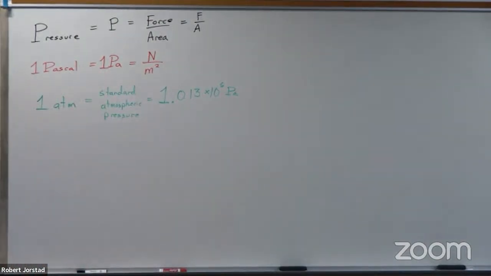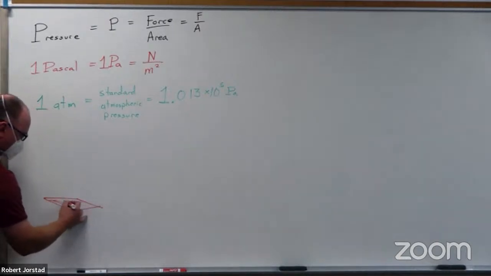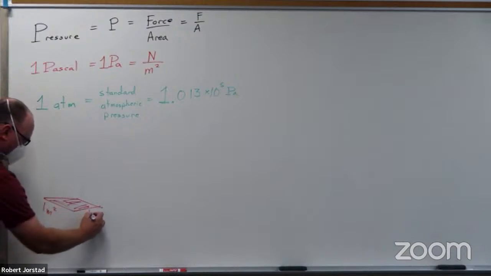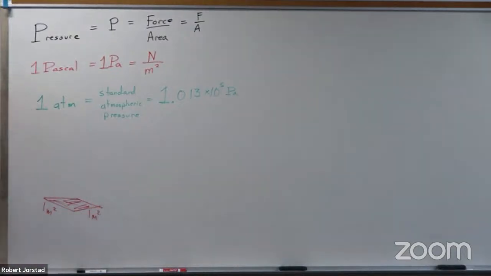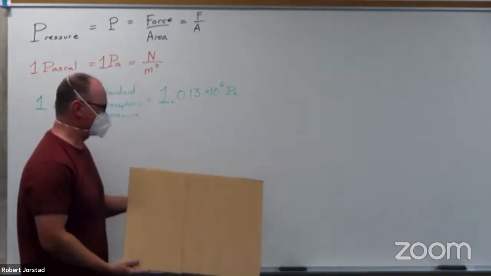If it helps, I like to think of it this way. Imagine you're sitting on the ground. Your surface area, if you lay down on the ground, is approximately 1 meter squared. Or you could imagine that's about like this, right? It's not exactly 1 meter by 1 meter, but it's pretty close.